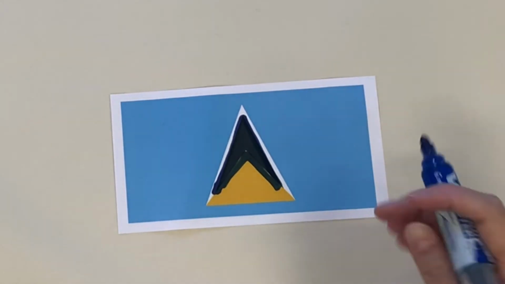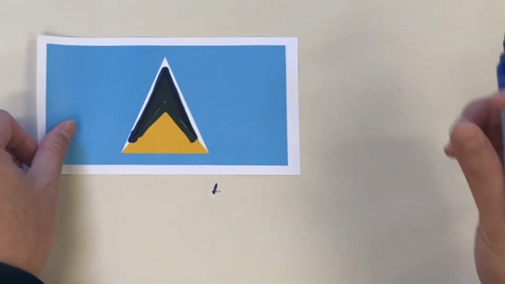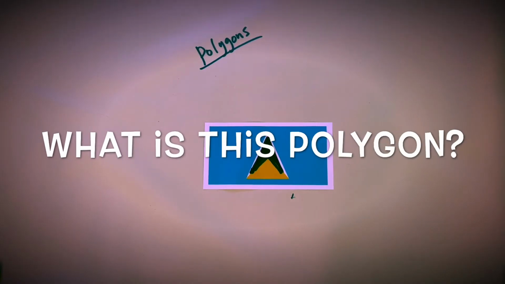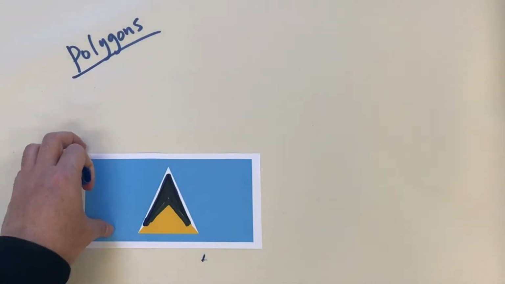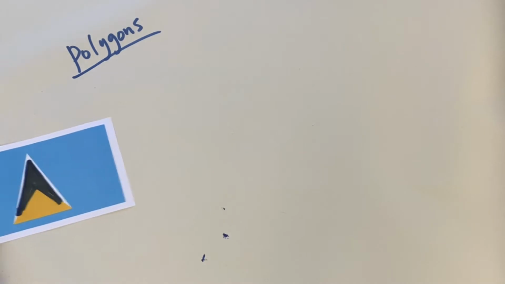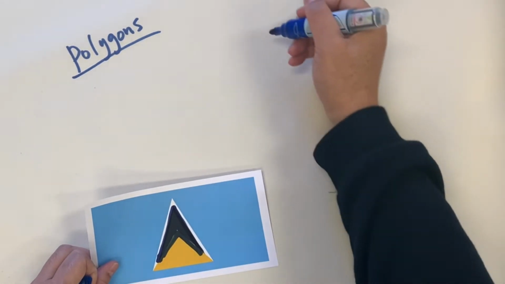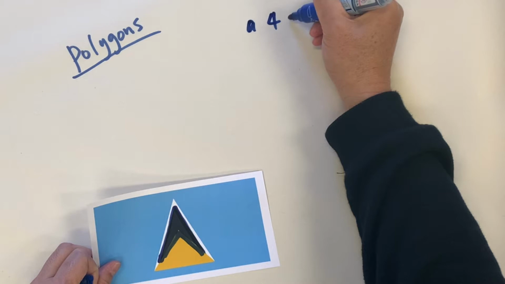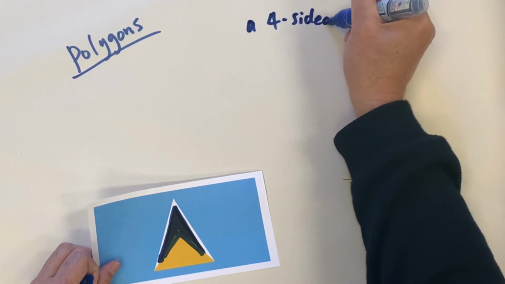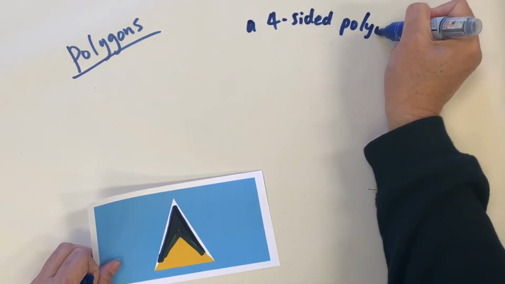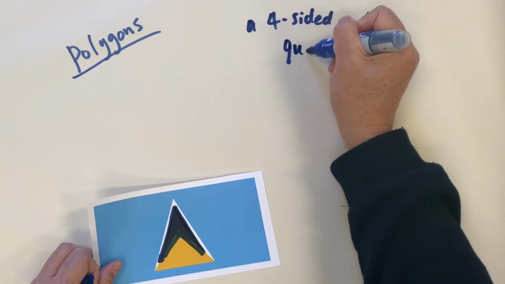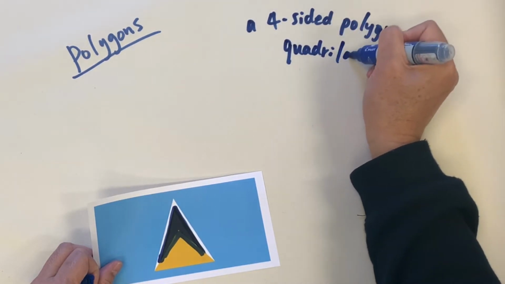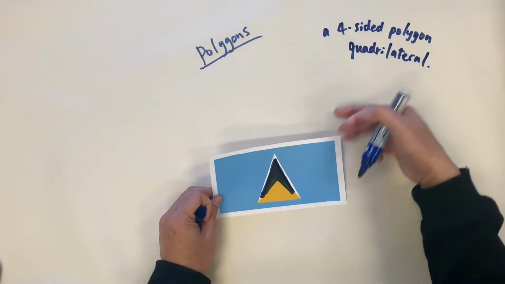So what is the name of this polygon? So if a four-sided polygon, you may know that is a quadrilateral, right?